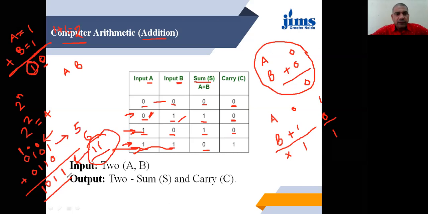So when we perform addition on binary numbers, it is the same as decimal numbers. We saw that when both the numbers are 1, we get a carry, otherwise there is no carry at all.